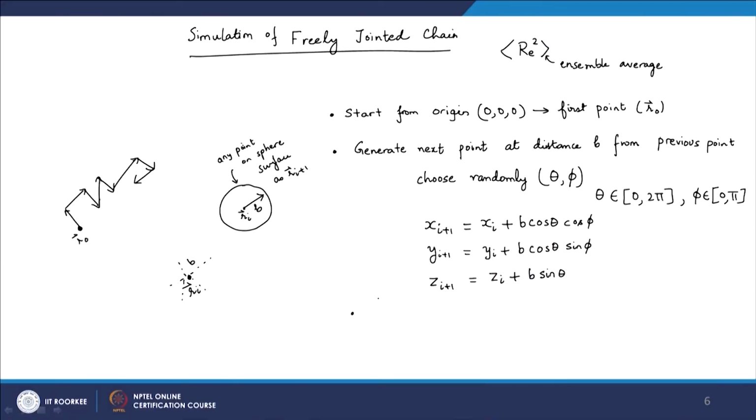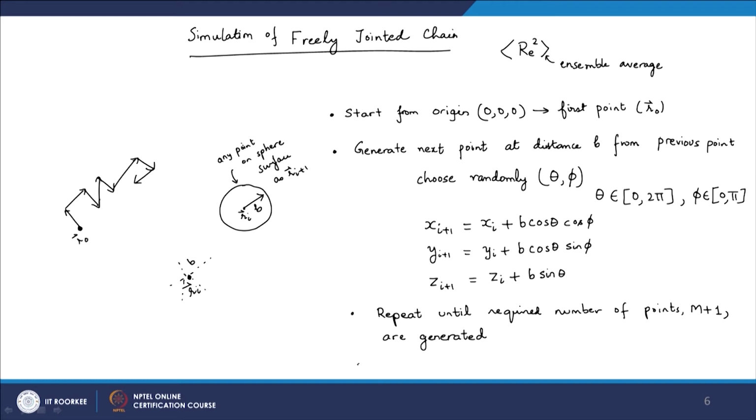So, provided that we are generating points randomly on the sphere surface, that is at radius b with respect to r I, we can get the new coordinates, and then I can repeat until the required number of points, which for m segment case would be m plus 1, are generated.